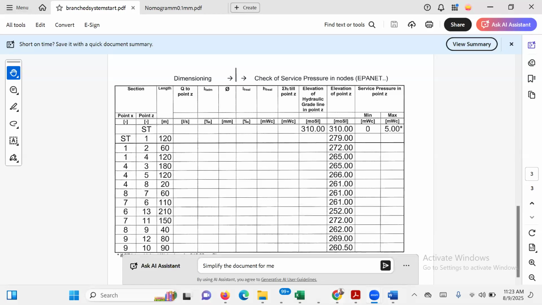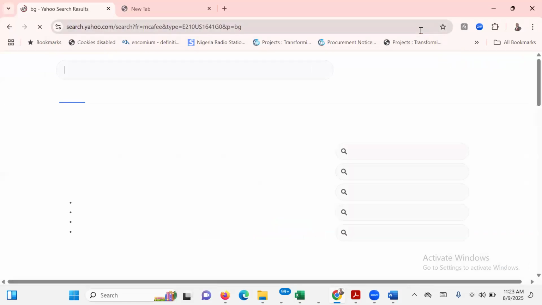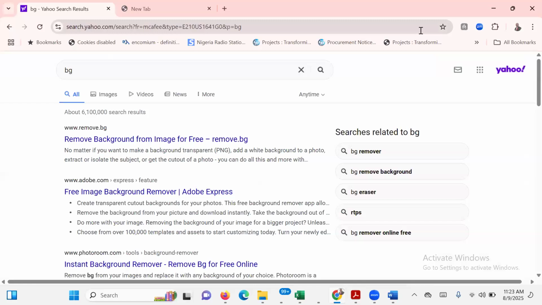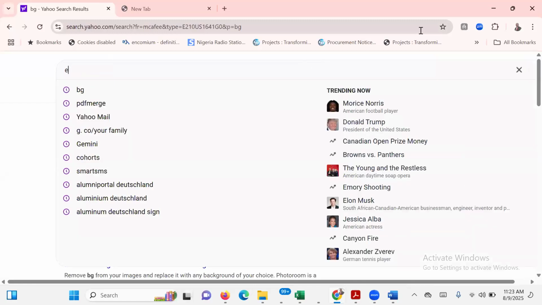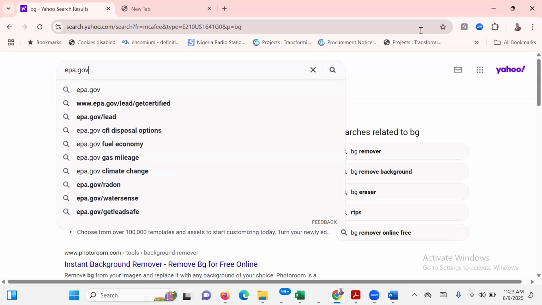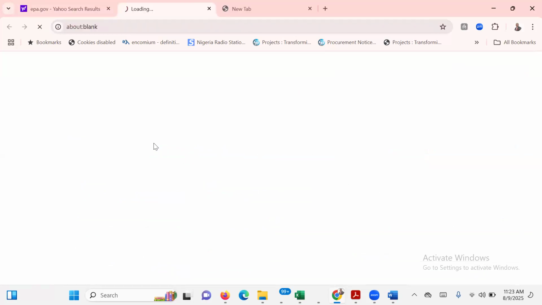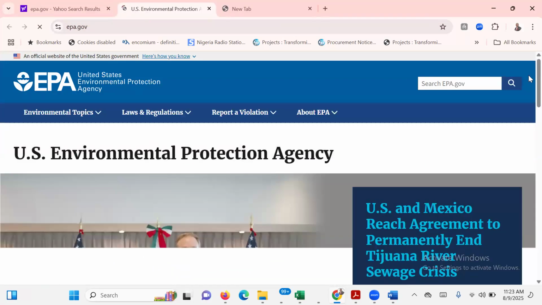Let us go online and download it. Go to Google. You type epa.gov, but the program, I don't know how many of us have downloaded it. epa.gov, enter. Or you just type EPANET online to take you to the place.